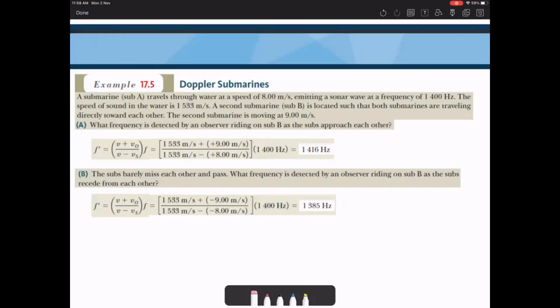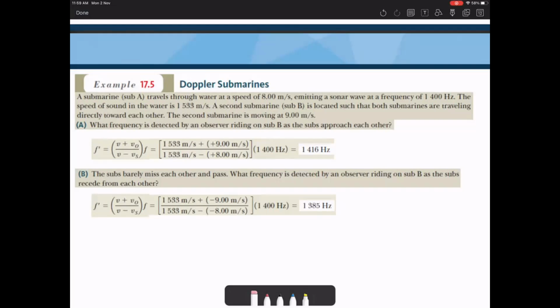And therefore, we could see a corresponding increase in the observed sound frequency. And then in part B, the situation has slightly changed, where you have the submarines happen to pass through one another. And in that situation, you would have the speed that is changed from positive to negative because they are moving away from one another.